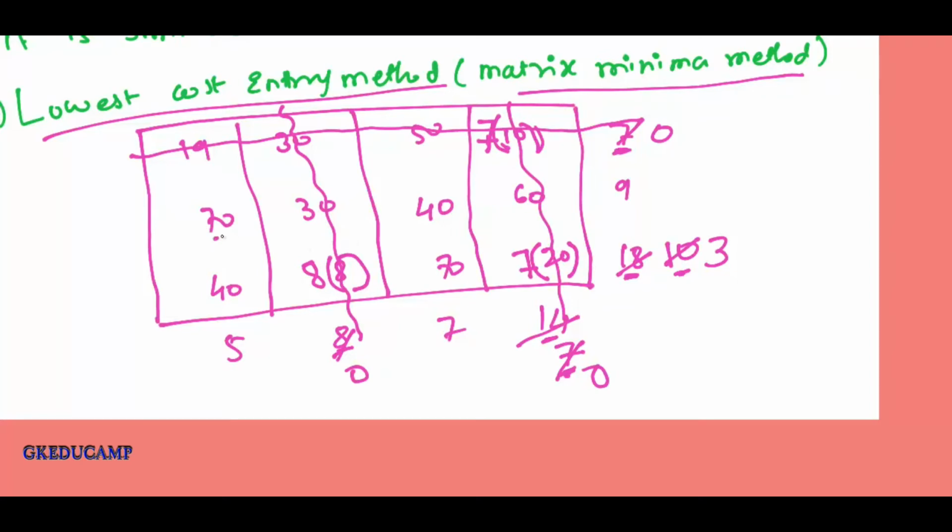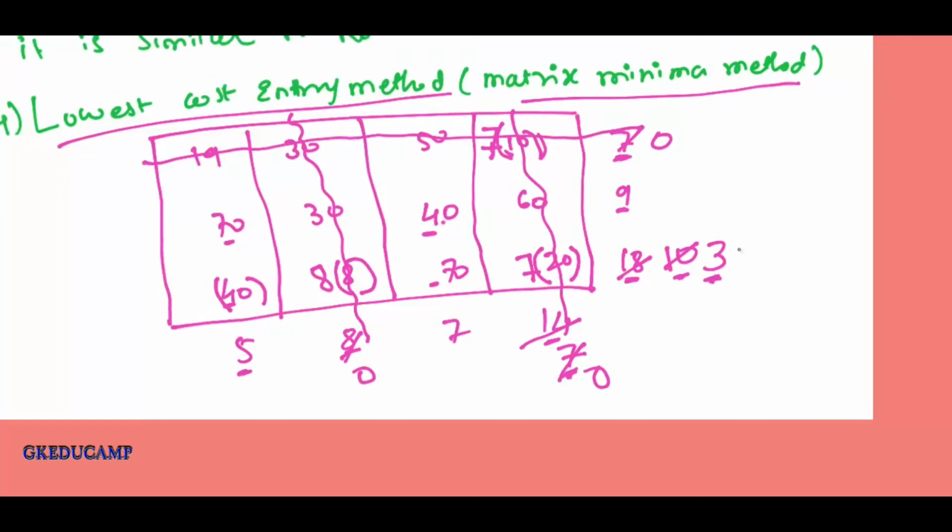So here we have 70, 40, 70, 40. Here which one is the minimum? Here is a 40, here is again 40. Here you have availability 9, 7, 5. So I will allocate 5 because it has the most minimum requirement. Here 3.